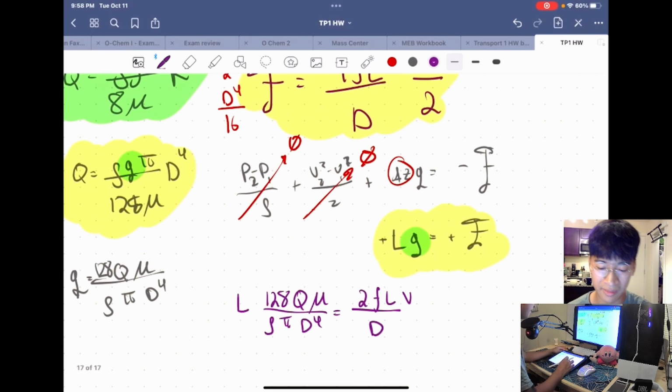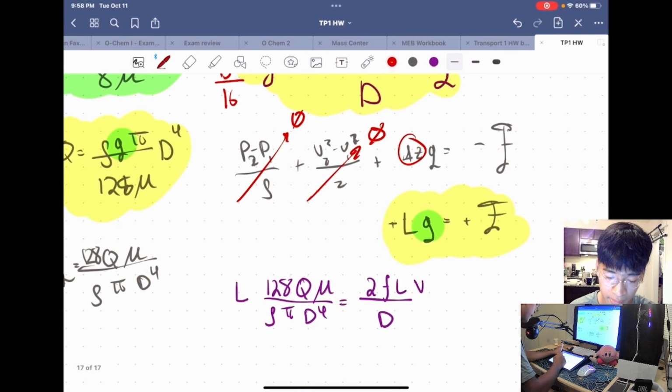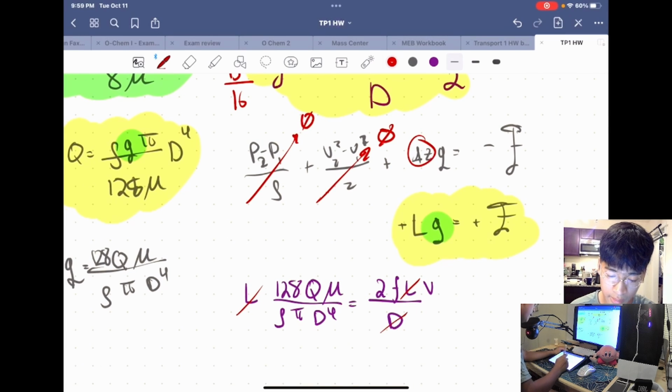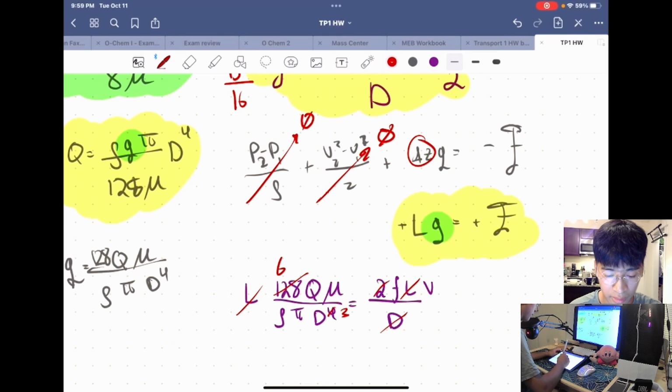Almost done. We're really close. Okay, so let's do some canceling. See that L cancels out, right? This D makes that a 3, and 128 divided by 2 is, I don't know that off the top of my head. It is 64. I should have known that.